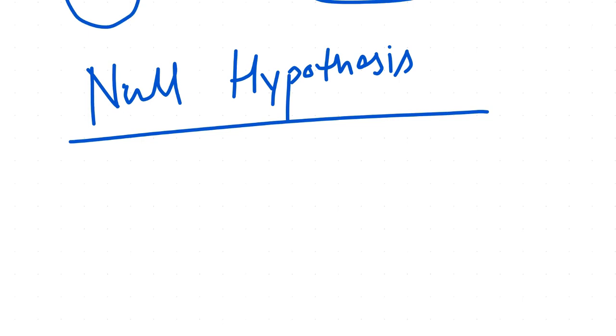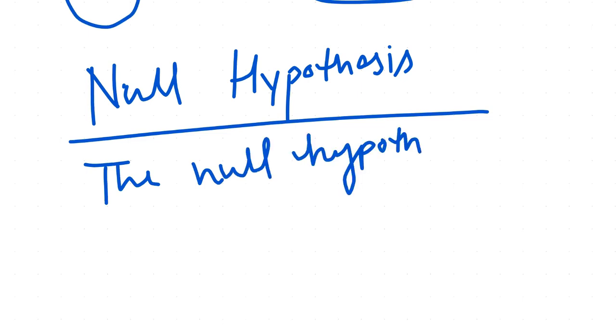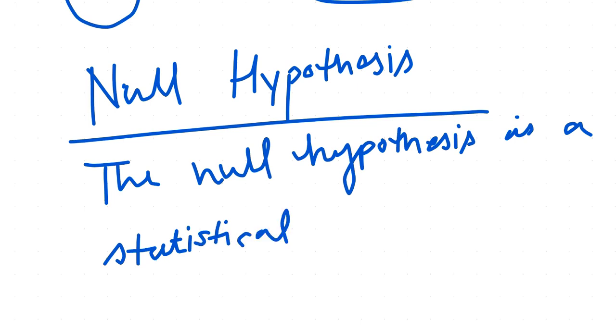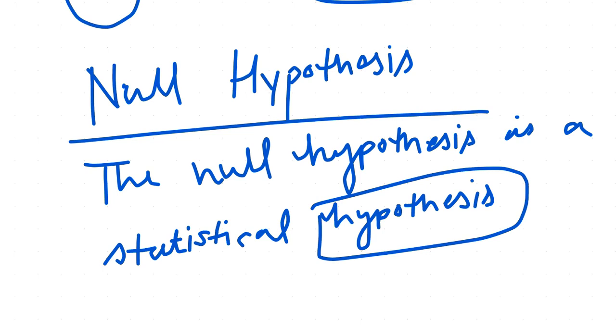The null hypothesis is a statistical hypothesis. Hypothesis means assumption. We assume any condition that this is fine, or this is correct, or this condition is true, like this. So hypothesis means assumption.